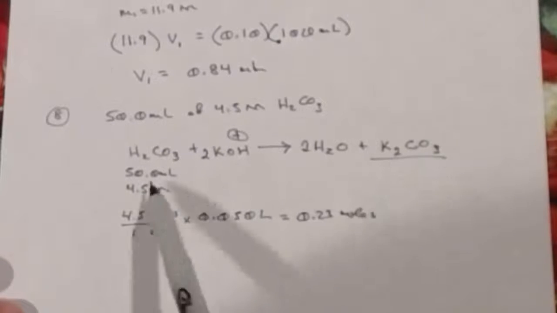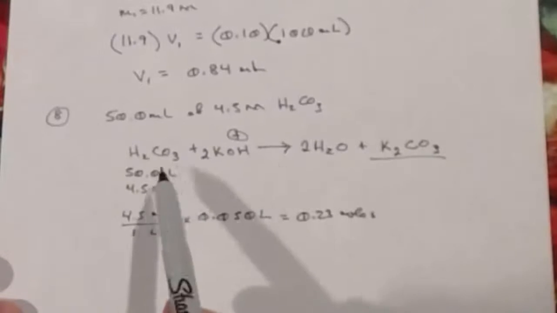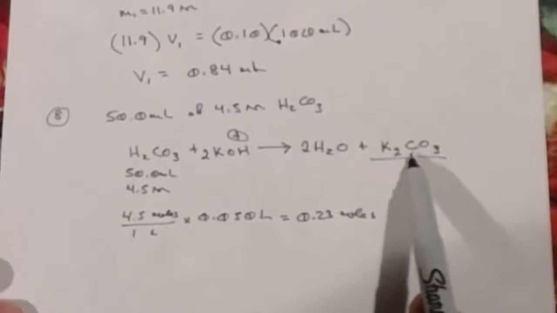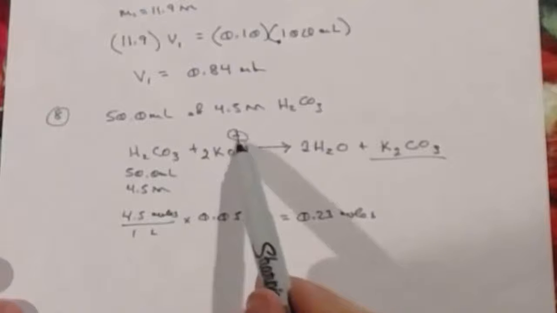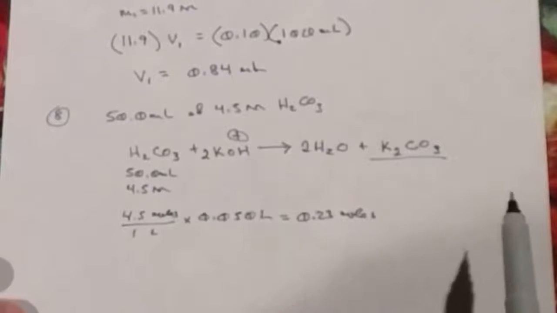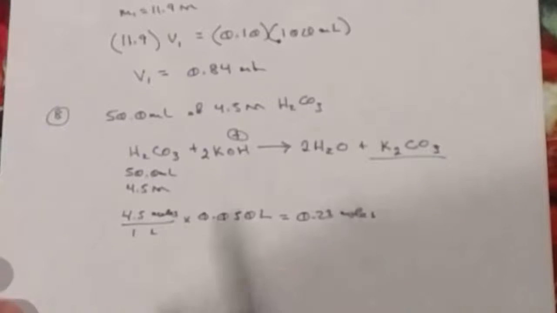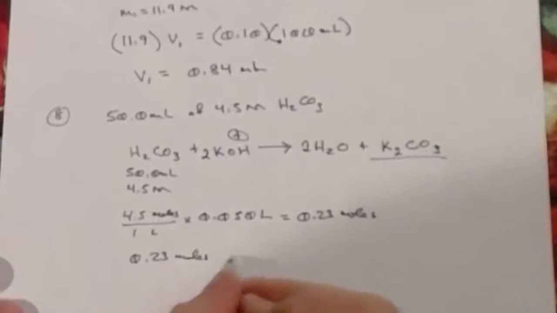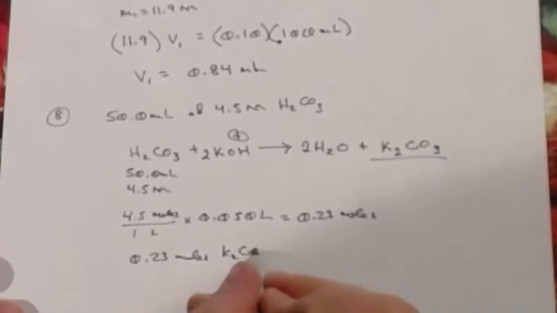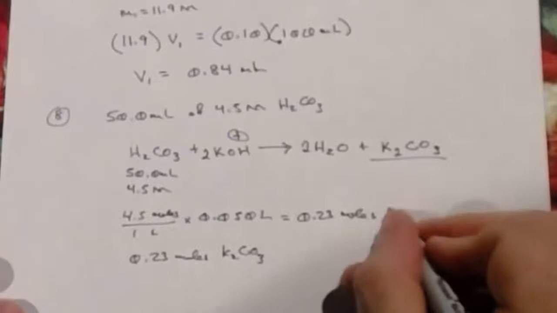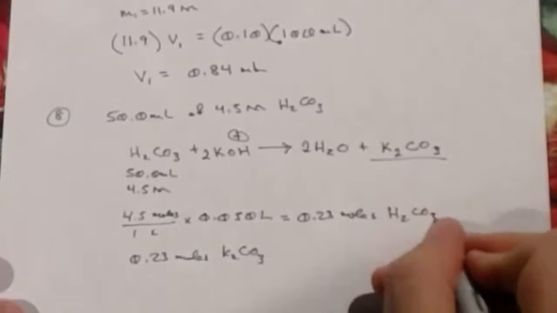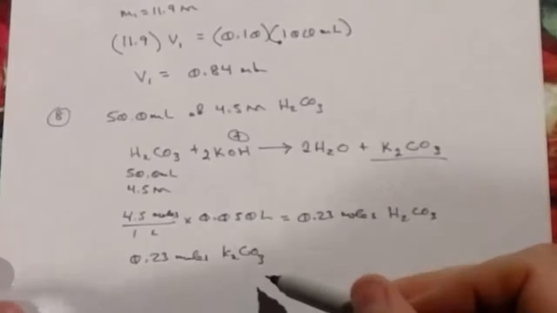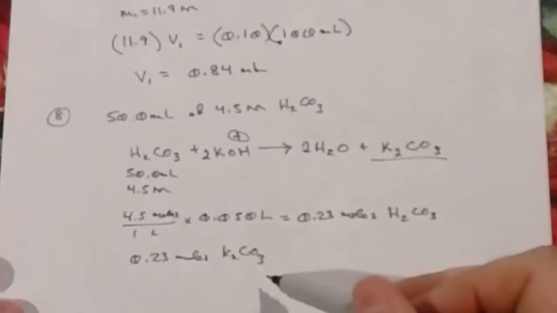And so it's a 1-to-1 relationship, meaning for every mole of acid, we produce 1 mole of potassium carbonate, and we know that we're going to use it all because we have excess potassium hydroxide. So it's a 1-to-1, which means that we're going to produce 0.23 moles of potassium carbonate. This was moles of carbonic acid. So 0.23 moles of potassium carbonate are produced. It doesn't ask us for moles though, does it?